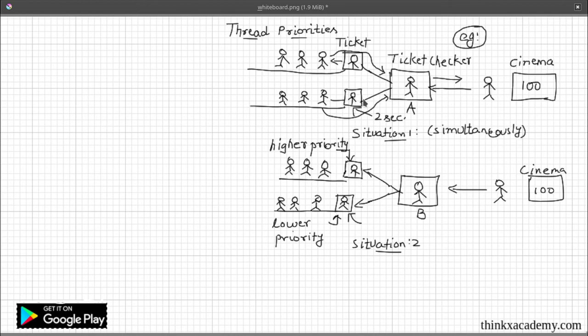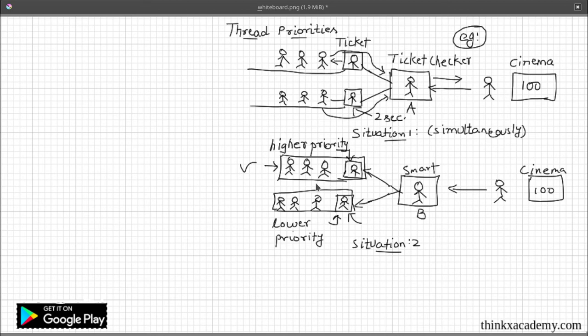The reason is that if this person is here for 2 seconds, he will charge some money from the ticket checker. So this person B is really smart, I should say, and he says that okay, the first ticket counter will give the tickets to all the customers standing in this line, and after this whole ticket counter is done selling the tickets, then this ticket counter will come into play, and the person will come to this ticket counter, and then he will work.